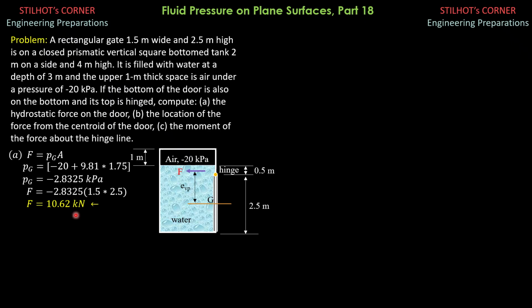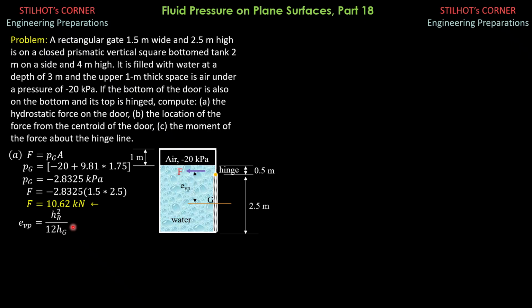Next, for the distance above G, normally below G, we have e_VP, the formula already derived in the other playlist in hydraulics, and also used in the preceding slides or videos. So e_VP for a rectangular gate is height of the rectangular gate squared over 12 times Hg. Now the height of the rectangular gate is 2.5. That's no longer a problem. Then we compute Hg.